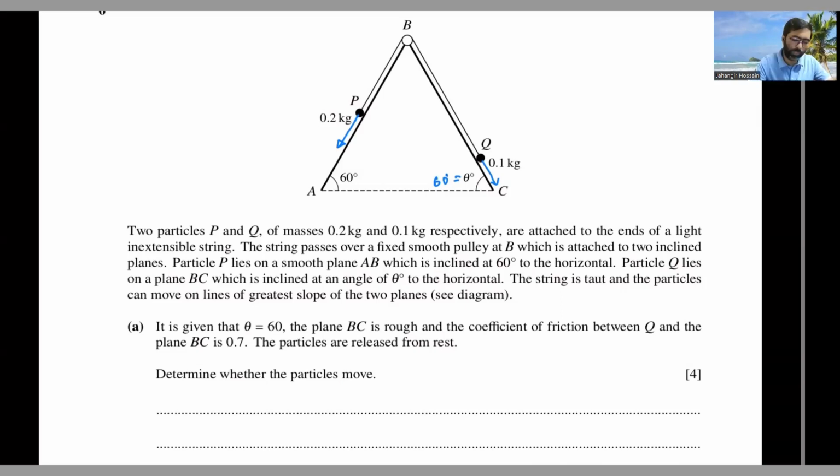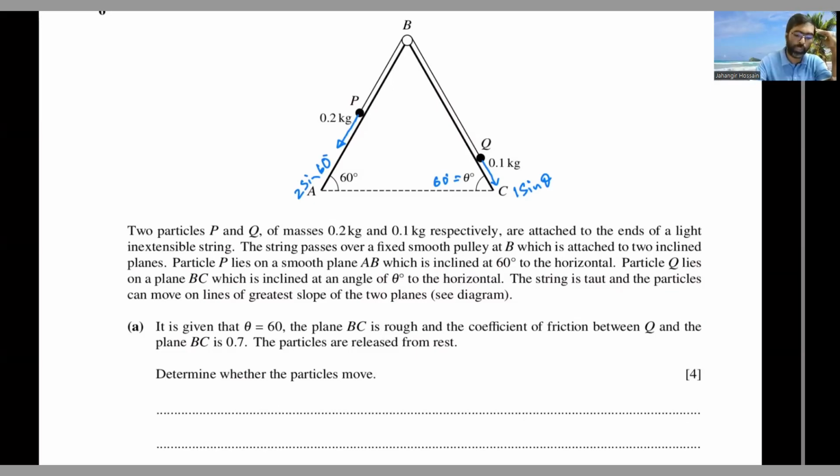So along the plane, the component of weight of P is 0.2 times 10 times sin 60, so 2 sin 60, and the component of weight for Q is 1 times sin theta. Theta is 60, so both have the same angle. So 2 sin 60 is greater, and P is about to move if both planes are smooth.